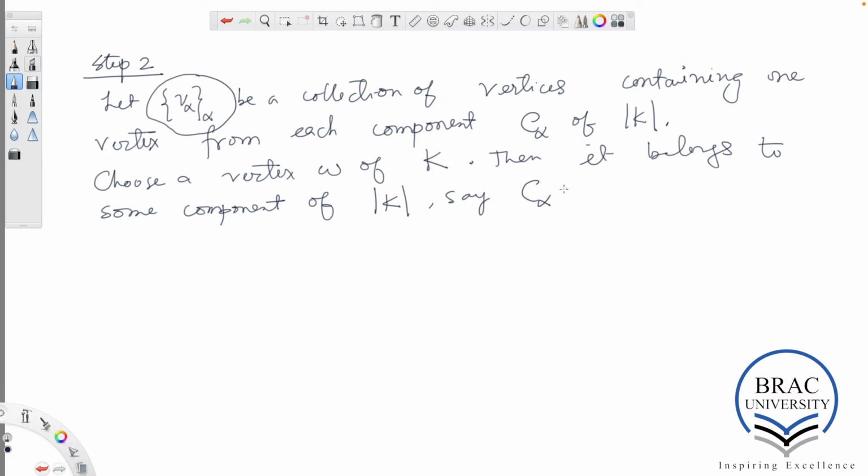Okay. So in other words, from the definition of these C alphas, this vertex W is equivalent to the vertex V sub alpha.